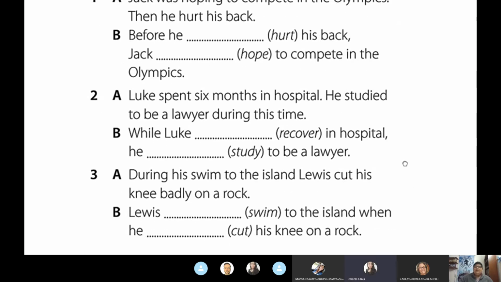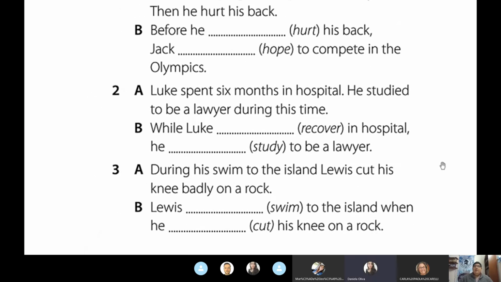Let's see the next one. Luke spent 6 months in hospital. He studied to be a lawyer during this time. Sorry, teacher, which is the past of hurt? It is irregular, so it doesn't change. It is the same.